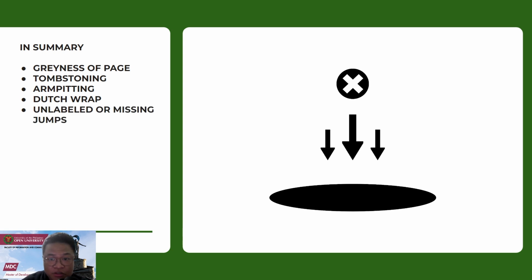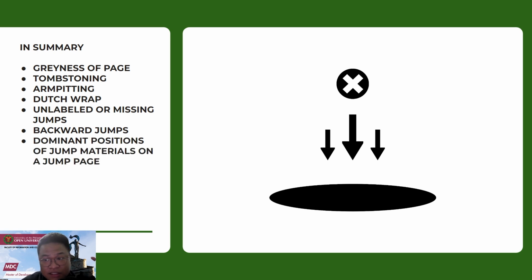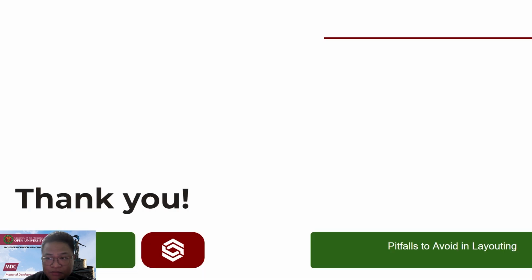Unlabeled or missing jumps is when there is no indication to where the continuing story would be. Backward jumps happen when the next part of the story is on the previous page. While lastly, jumps should be placed in a much less prominent position on the jump page.